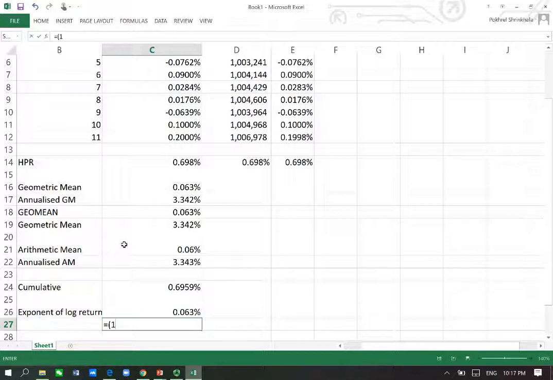So this basically means I can again do what I was doing before to annualize. So 52 take away 1, assuming 52 trading weeks in a year.